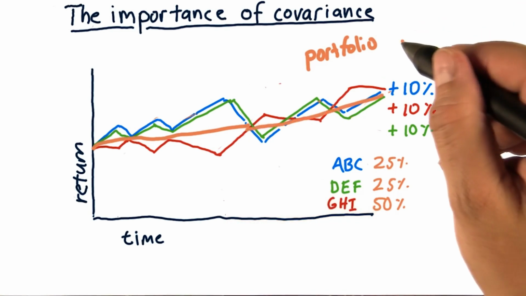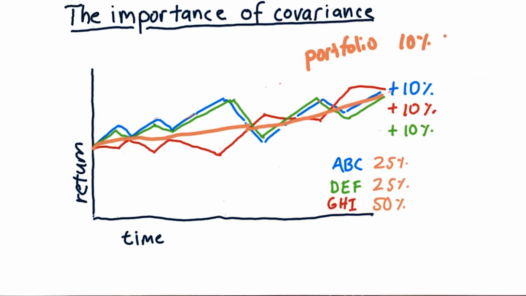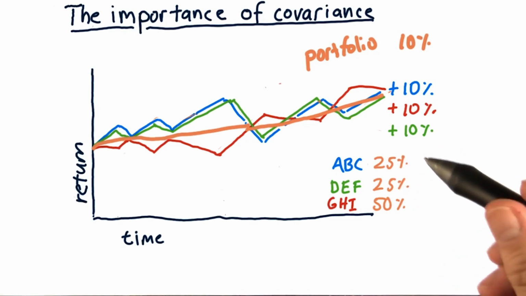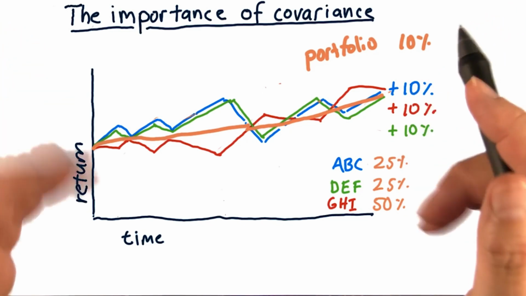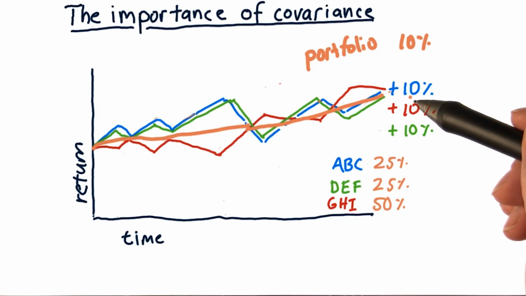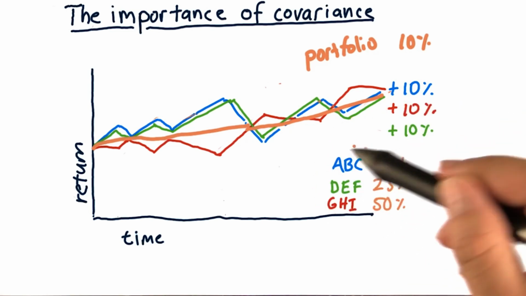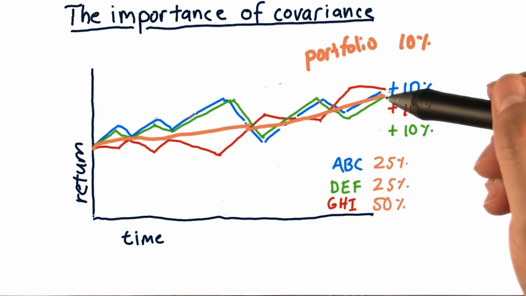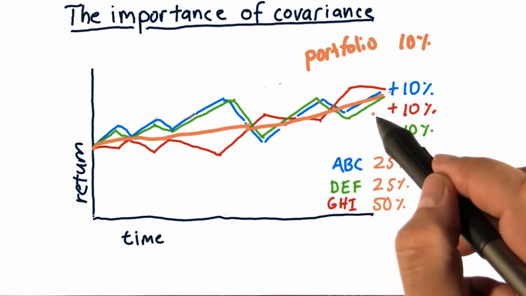So this portfolio will also have a 10% return, but look how smooth it is. And that's because we're blending anti-correlated assets together. So we get the same return, but lower volatility than any asset by itself. All these assets by themselves had significant volatility, but when we put them together, we reduce volatility significantly.